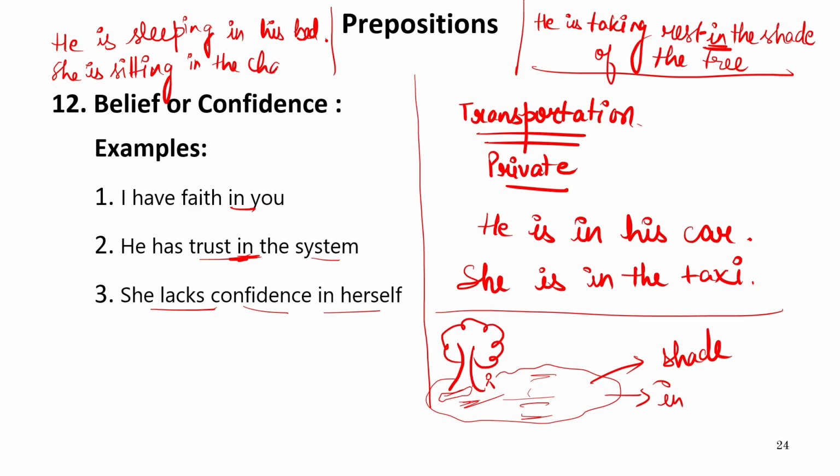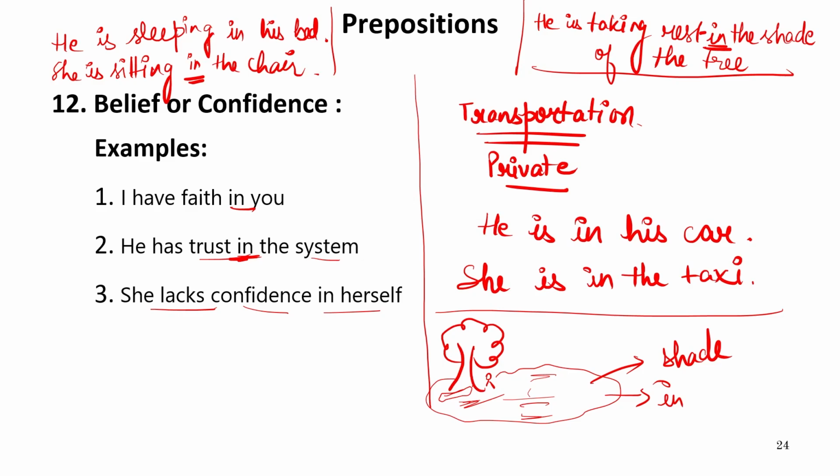We can use here in, in case of that particular chair which contains arms. But if it is a kind of a stool or a kind of bench, we use on, not in. So if a chair contains arms, and if a rocking chair is there, or if a resting chair is there, we use in, not on. So these are the styles of using preposition in.